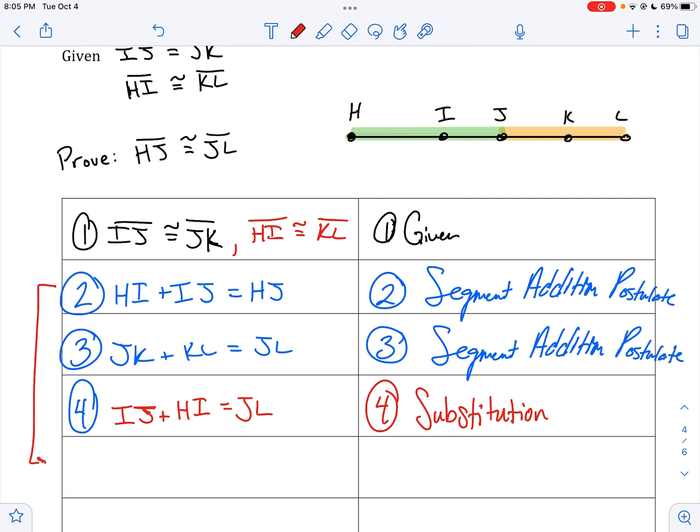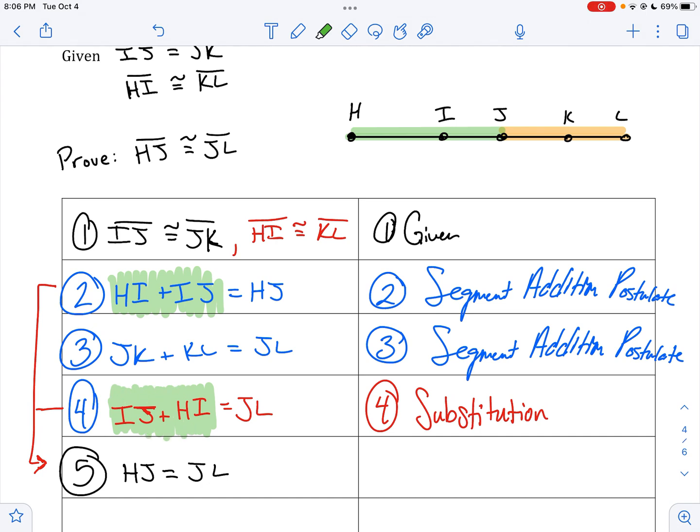So from step 2 and step 4, I can say that, maybe I should go back to the original color, I can say that HJ equals JL. And I can only say that because this stuff equals HJ and this stuff also equals JL.